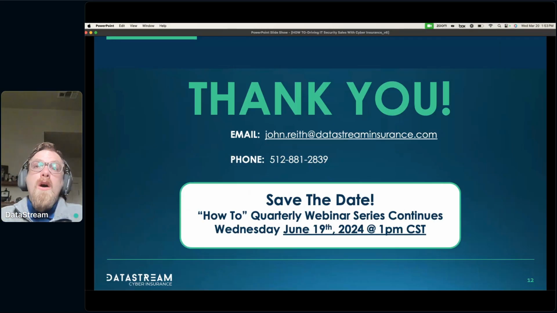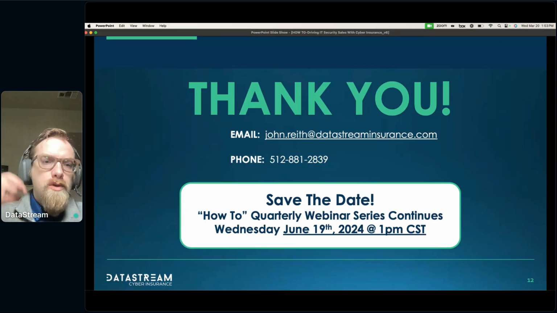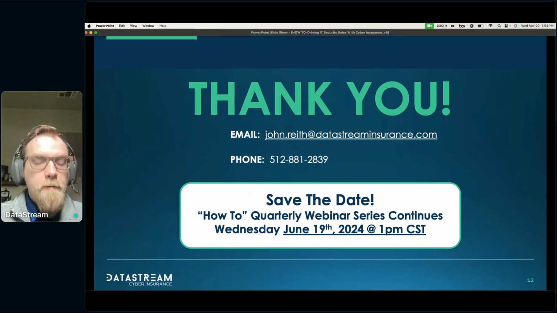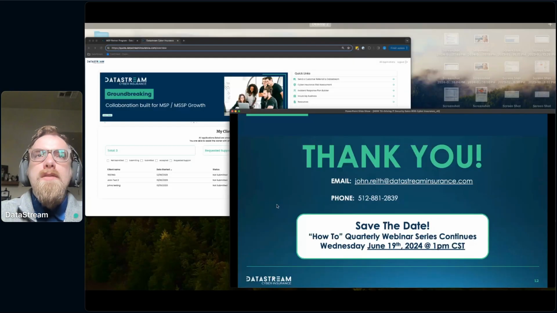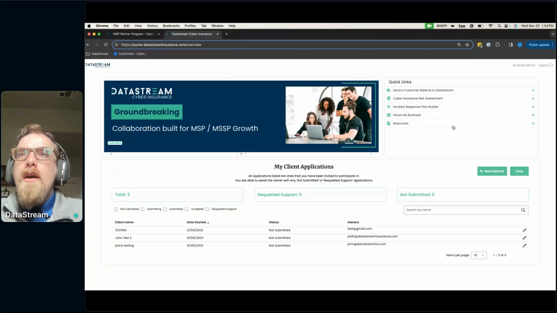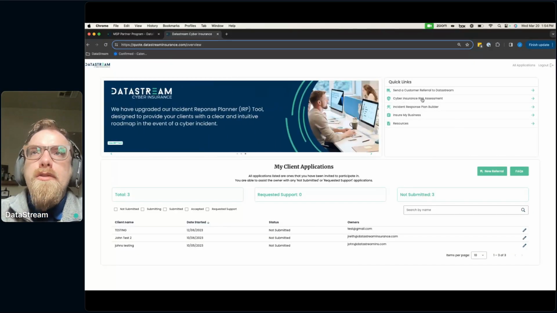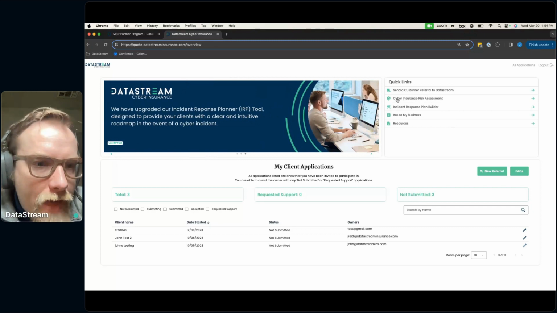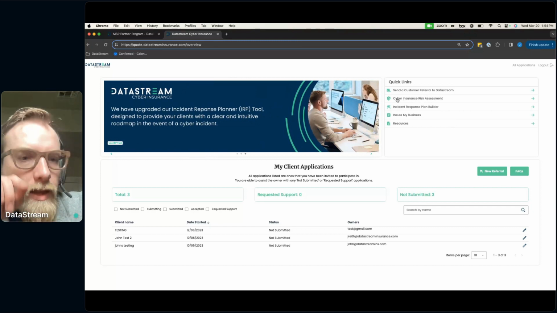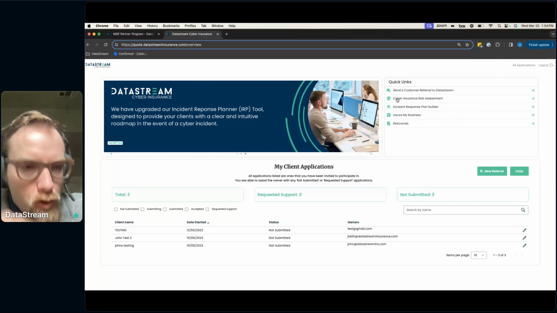Yes, so one thing you can do to get an idea of what the carriers are going to see is through our insurance risk assessment. That is found right in the portal, right here, cyber insurance risk assessment. What that does is exactly what you're talking about. It does the external scan.